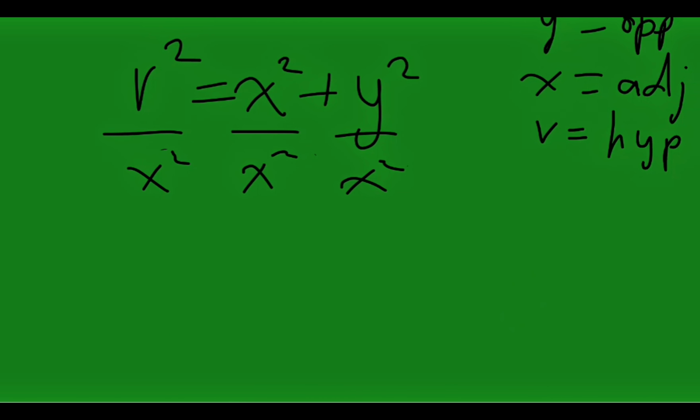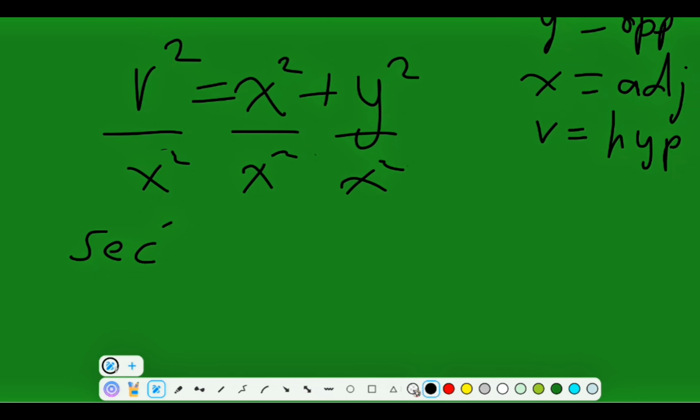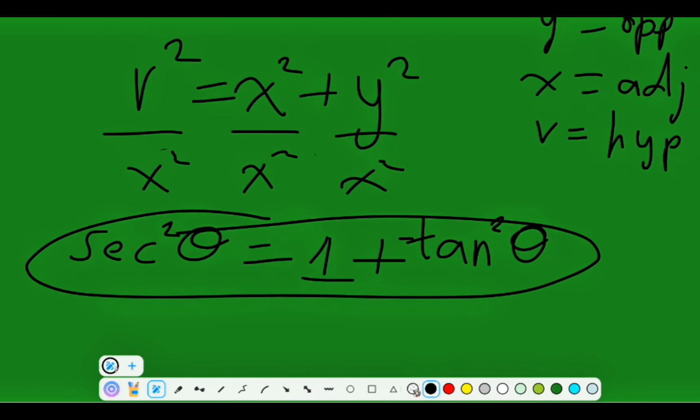So we're going to get secant squared theta being equal to 1 plus y over x, which is opposite over adjacent, which is tangent squared theta. You can also do the same thing that we did to the first identity to see how many things are equal to 1 in trigonometry. Sec squared theta minus tangent squared theta is equal to 1.